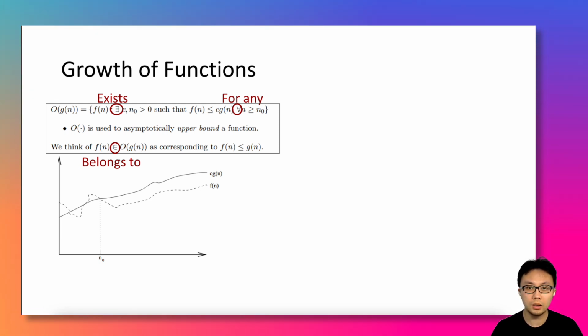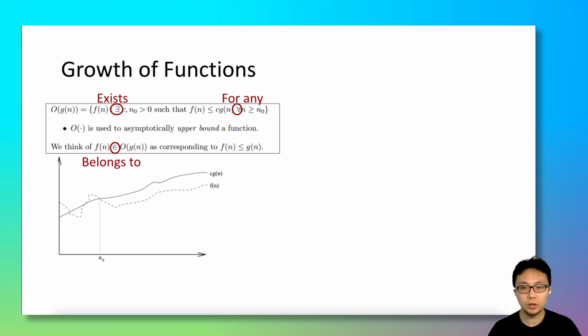So what are those two constant numbers? First, you need a number c. Of course, c needs to be bigger than 0. Second, you need a specific input size n0. Yeah, as you can imagine, because n0 represents a specific input size, it has to be bigger than 0.